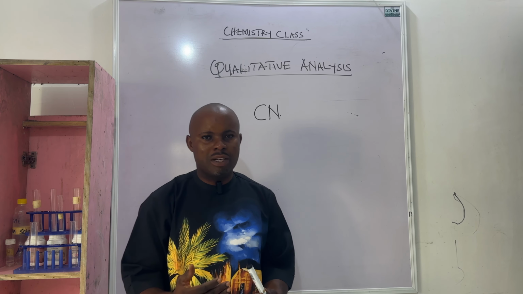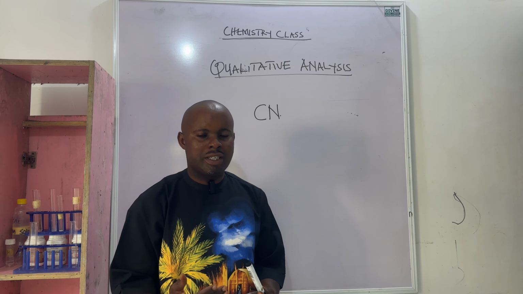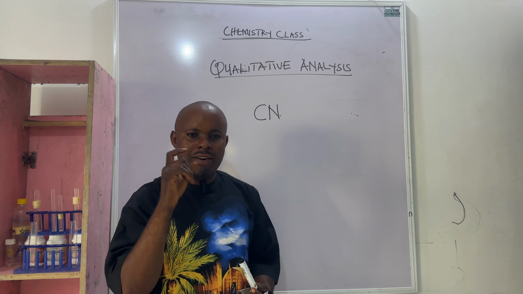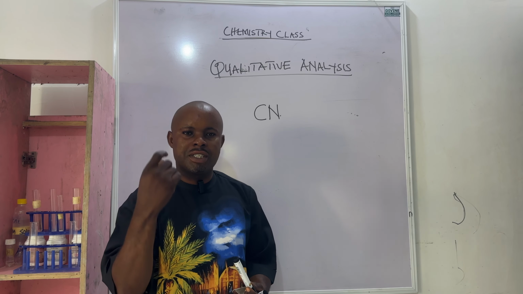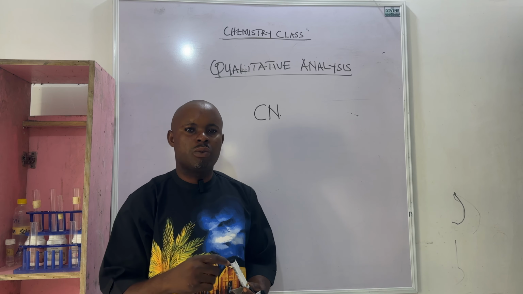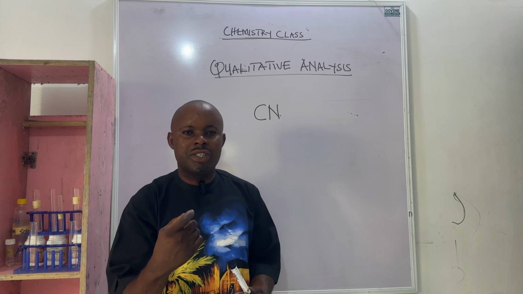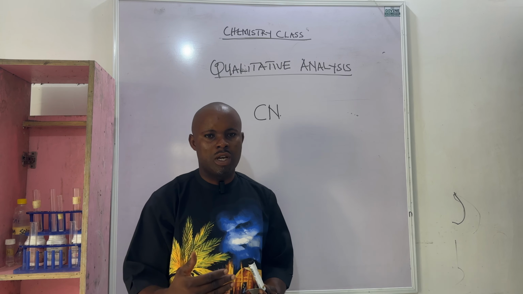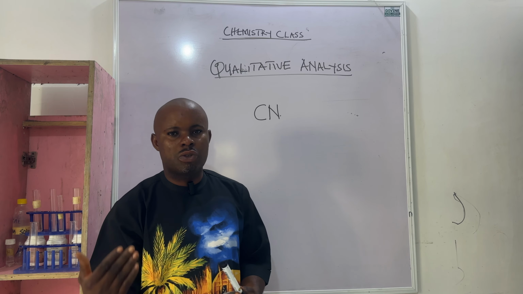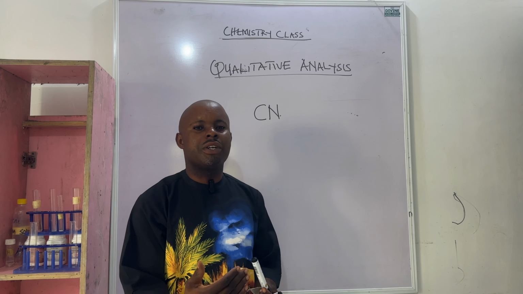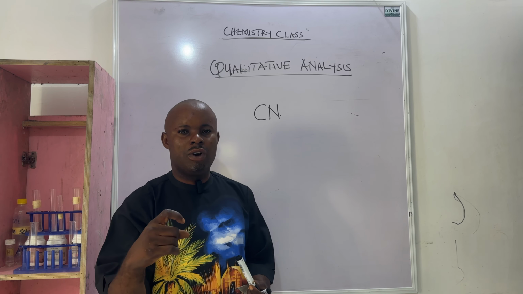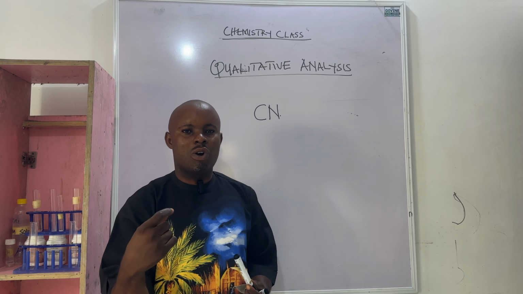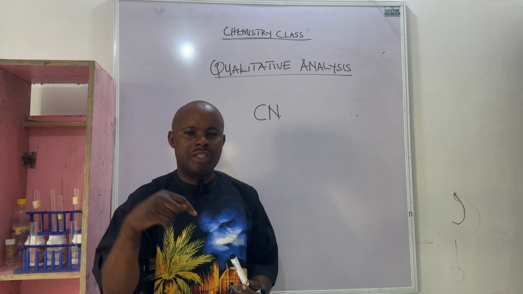What are the steps in qualitative analysis? As I have said, one of the steps is the preliminary stage, where we talk about the color, the texture, and the smell. The other is the confirmatory test using each of these reagents. Each of the reagents will be provided by the examiner so that you can run through this identification, and for each of these ions, there are changes in color or state when the reagents are added.